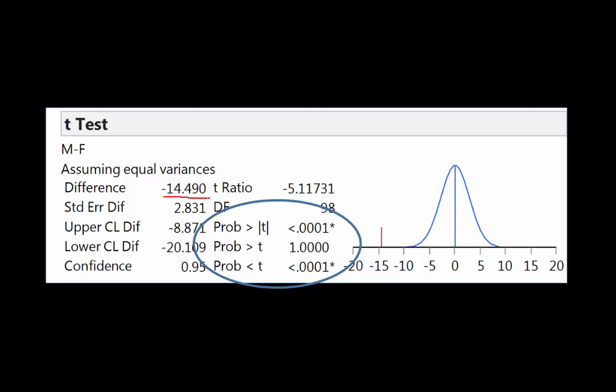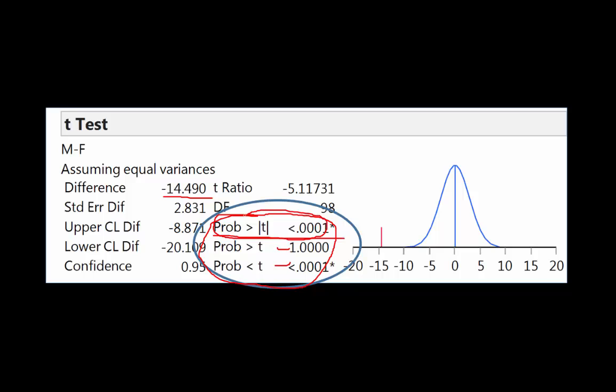For the run difference we were just looking at, the average difference of minus 14.49, this gives us different hypothesis testing results, p-values, depending on whether our test is two-tailed or one-tailed.